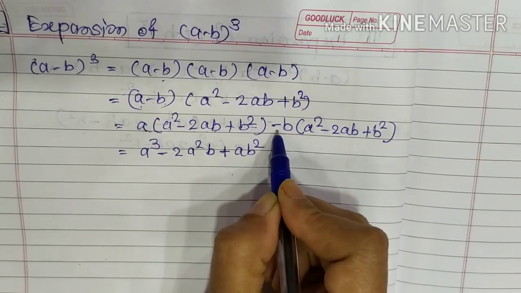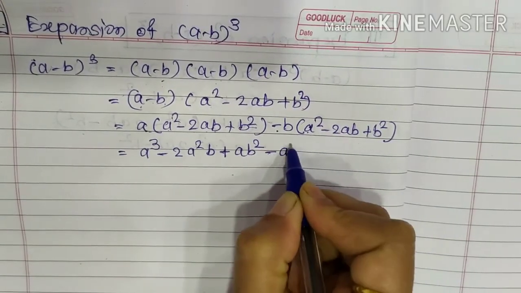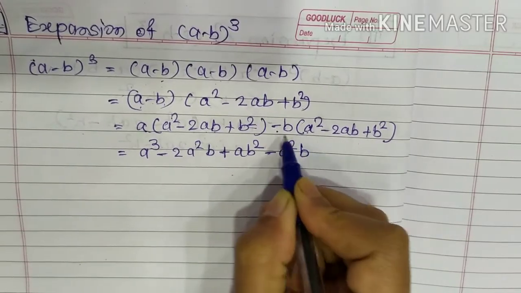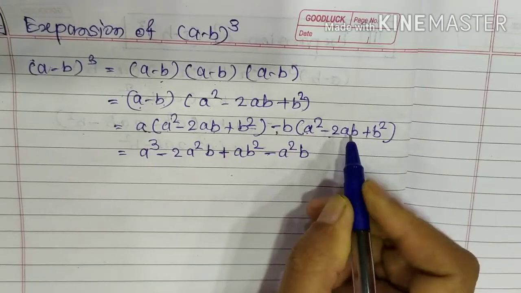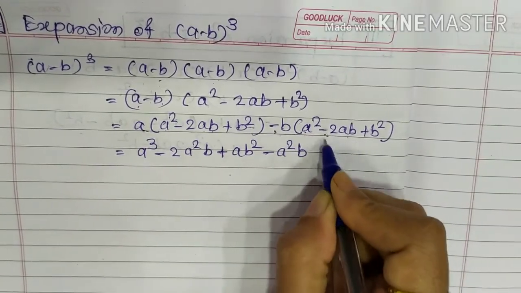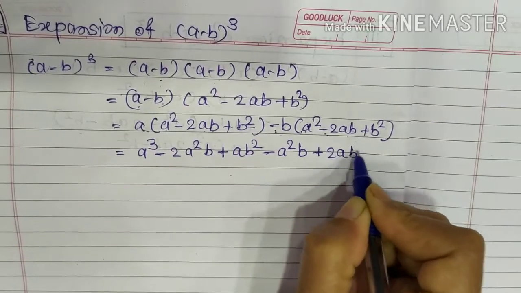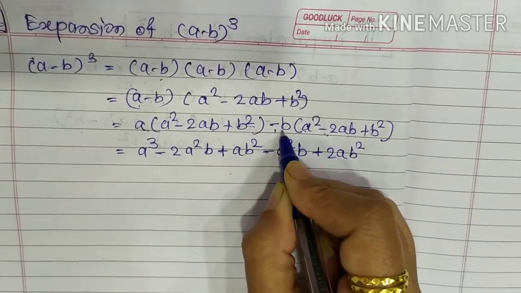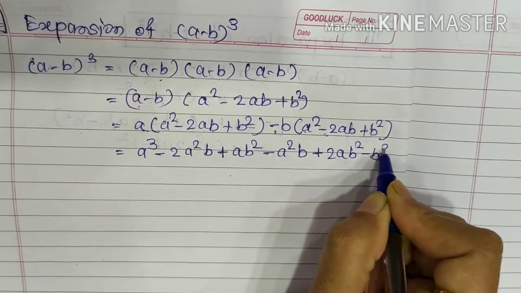Then b with a square gives minus a square b, minus b into minus 2ab, that is minus minus plus, 2ab square, and minus b into b square is minus b cube.